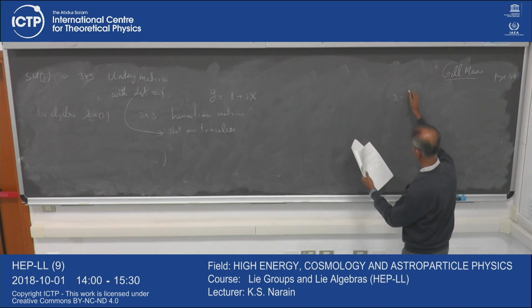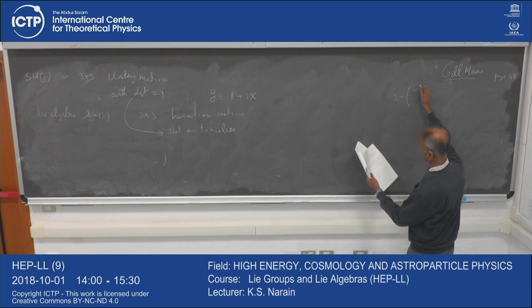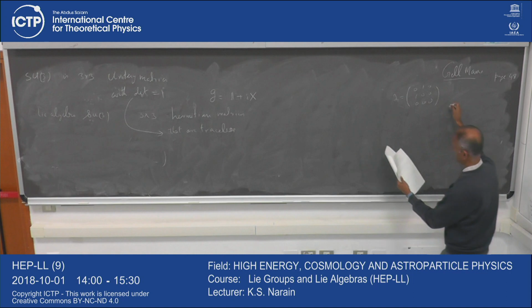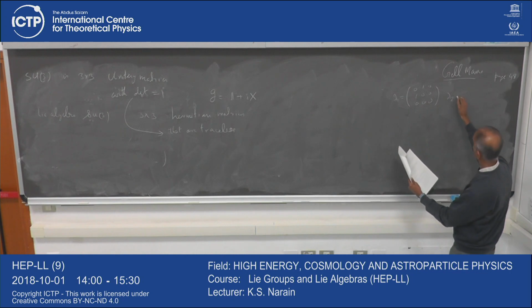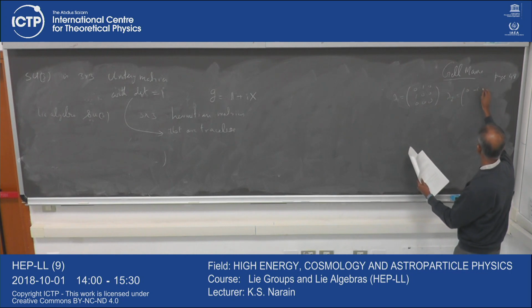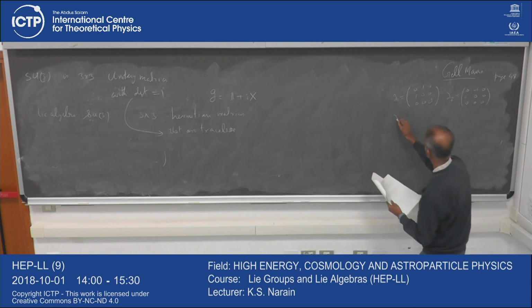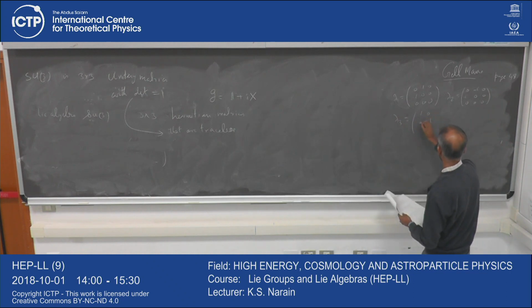So lambda 1 is 0, 1, 1, 0, 0, 0, 0, 0. Lambda 2 is 0, minus i, 0, i, 0, 0. Lambda 3 is 1, minus 1.